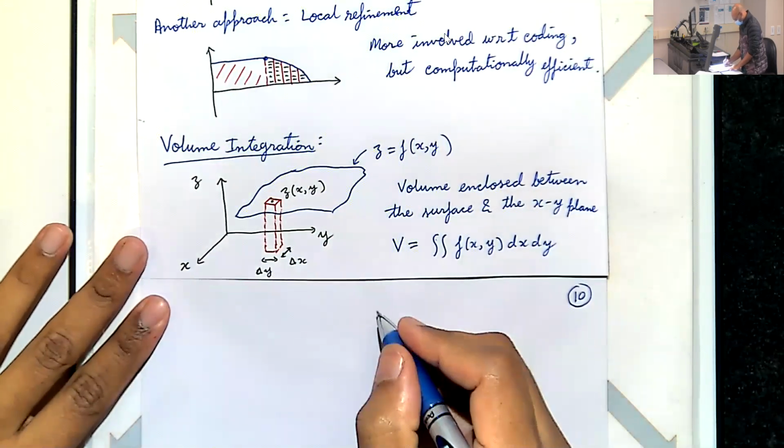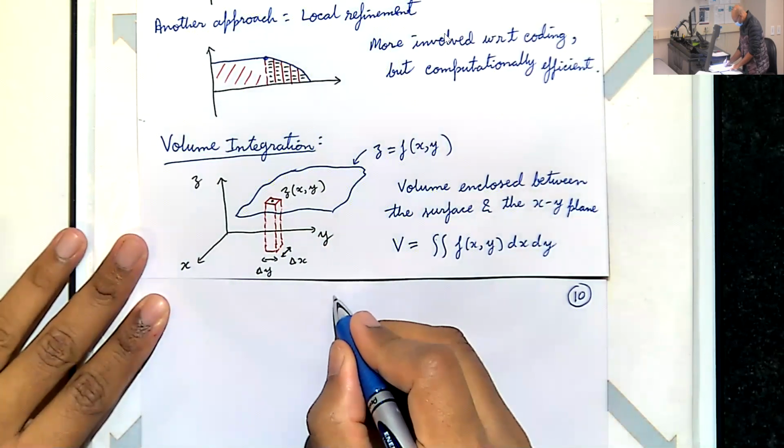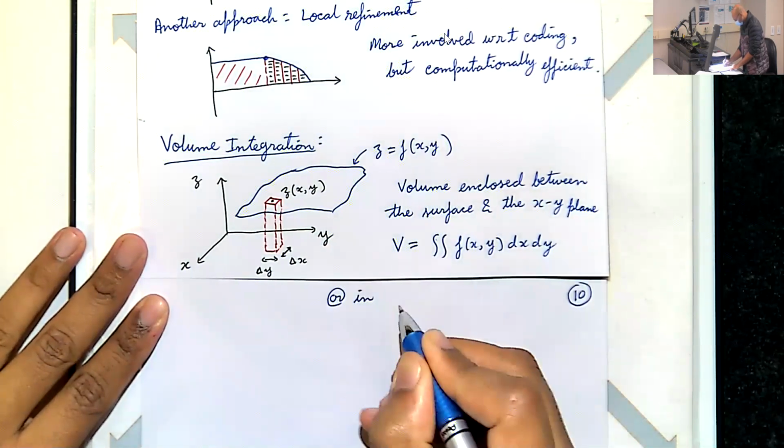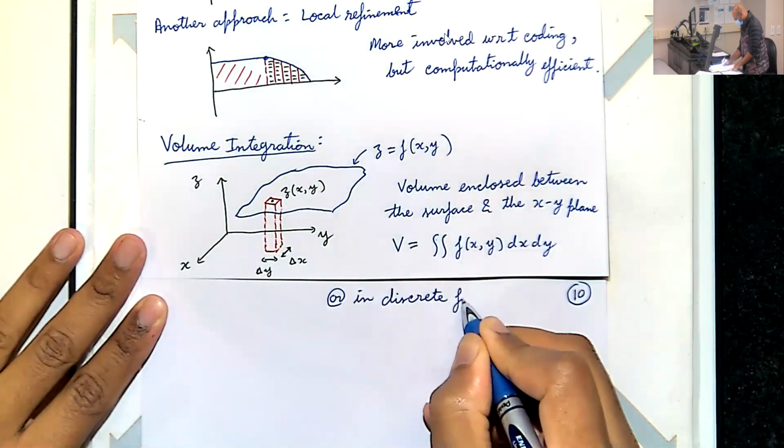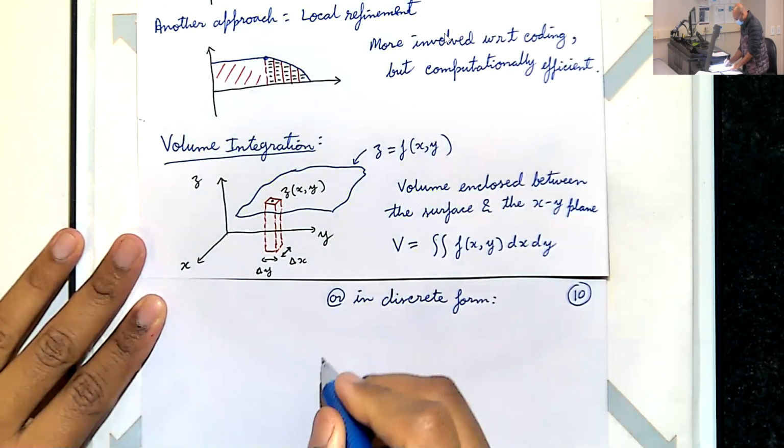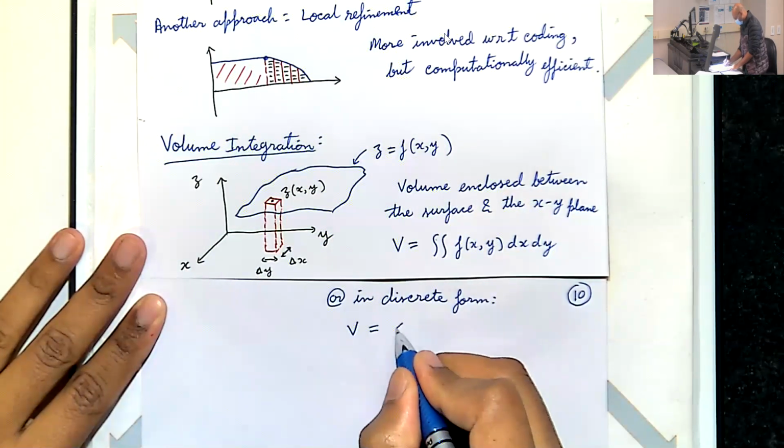In discrete form, the volume becomes two summations.